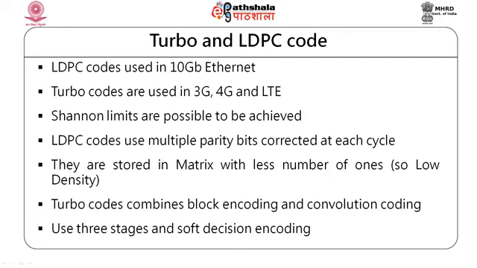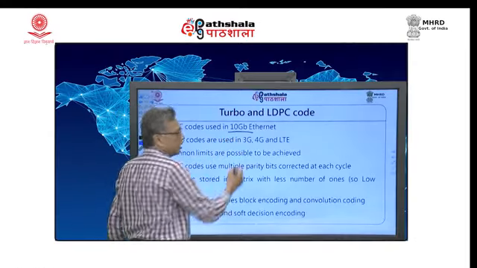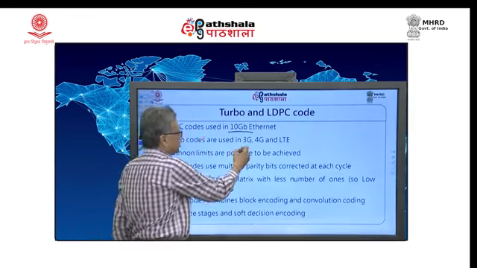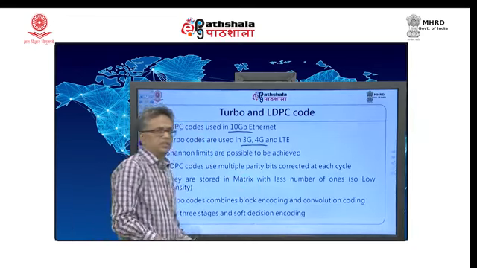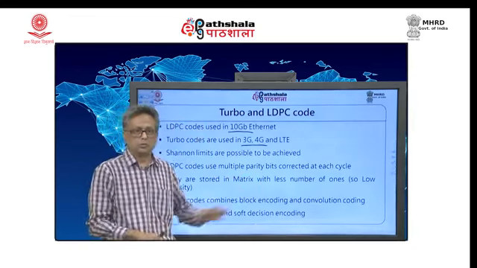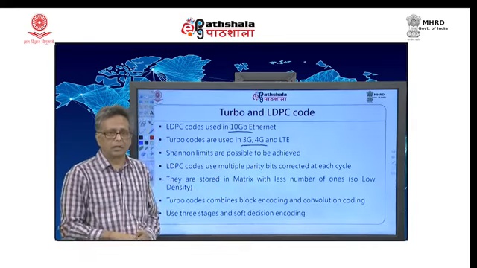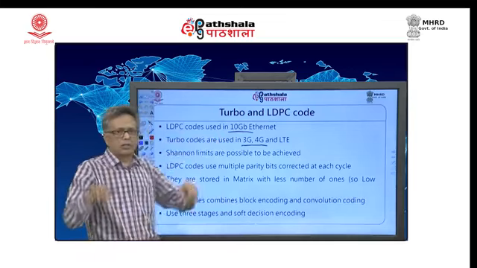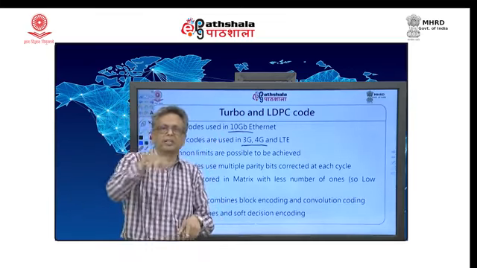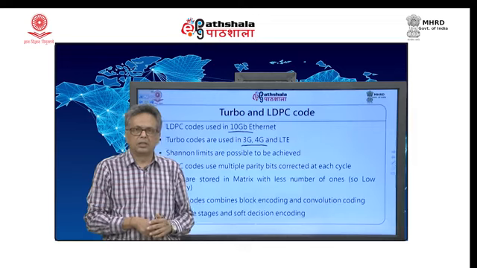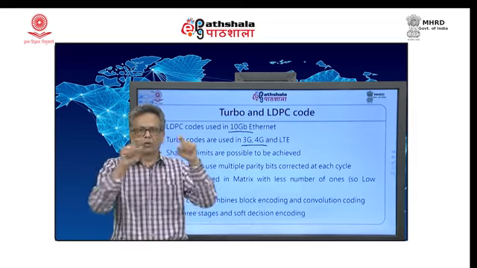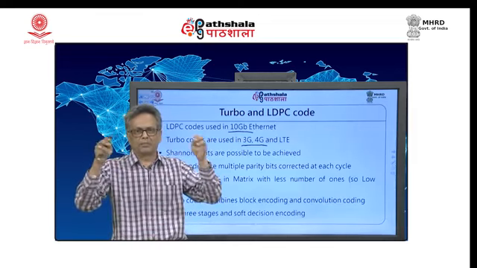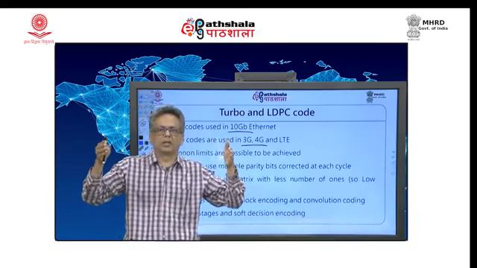One is called LDPC. LDPC is used in 10 gigabit Ethernet, and turbo codes are used in 2G, 3G, 4G and LTE codes. Now, you can see that they are quite recent, they are more AI like. The LDPC code has a matrix and contains some parity values. Okay. So, in case of Hamming code, you have a 4 bit simple single dimension array.